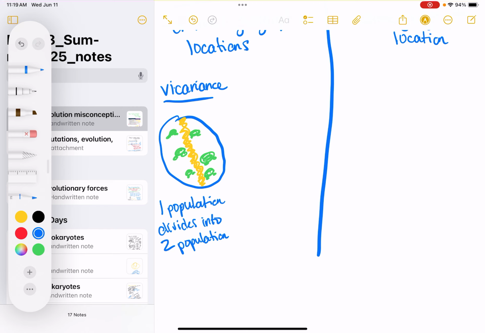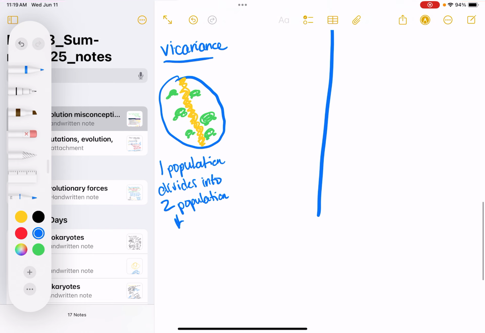And then those 2 populations accumulate differences, right? And these are going to be genetic differences.